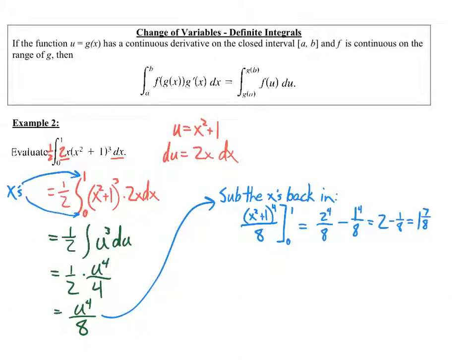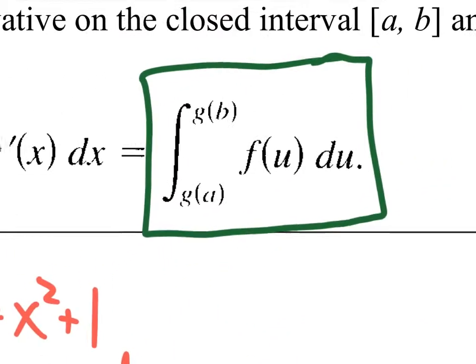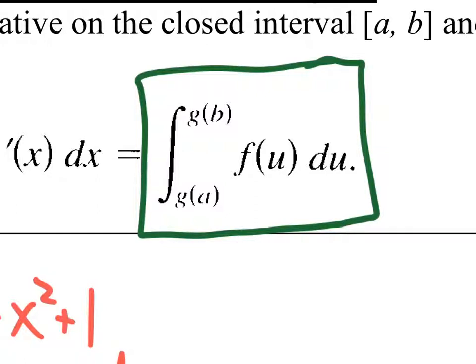The alternative is what you see up here. Notice what they have done is they've changed the interval by plugging a and b into u and figuring out the values of u.